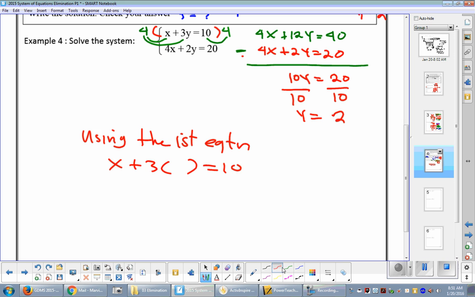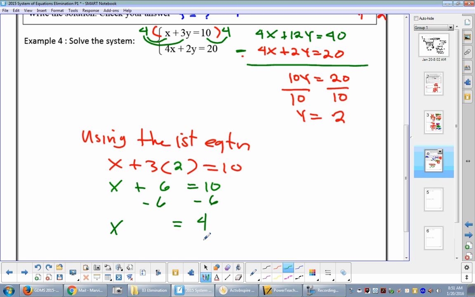So we are going to replace our y variable by 2. So we have here x plus 6 equals 10. And subtract 6 both sides. We'll get x equals 4. So we have the solution 4 comma 2.